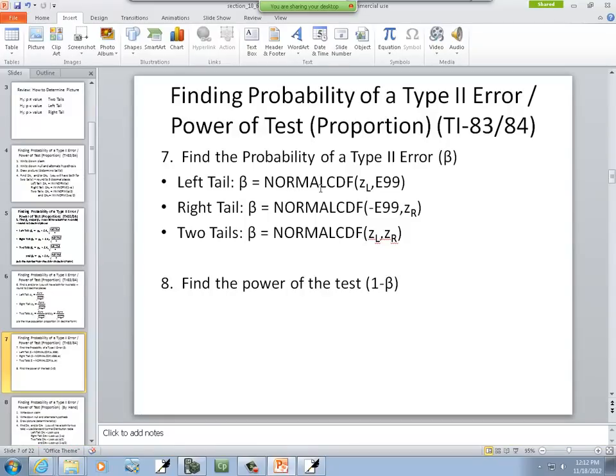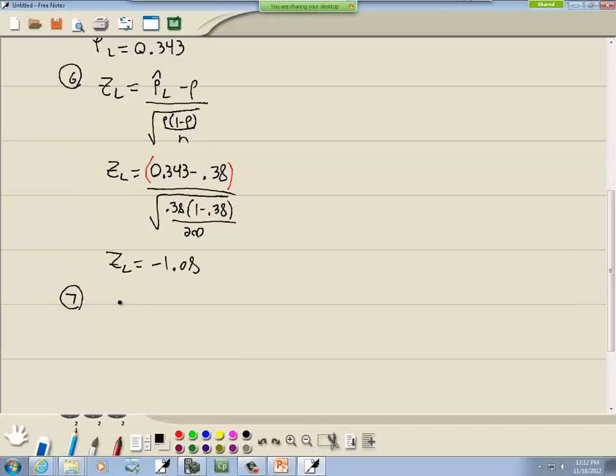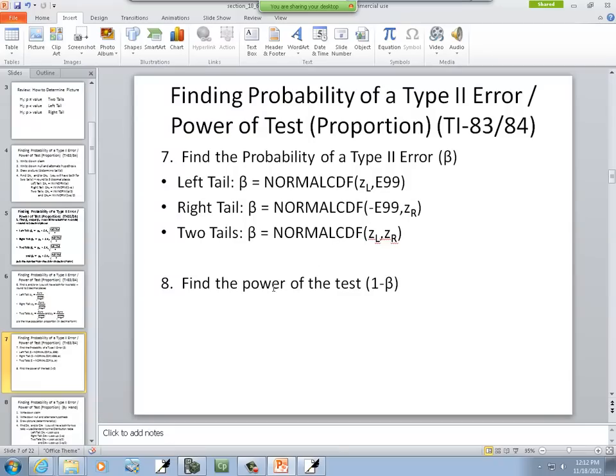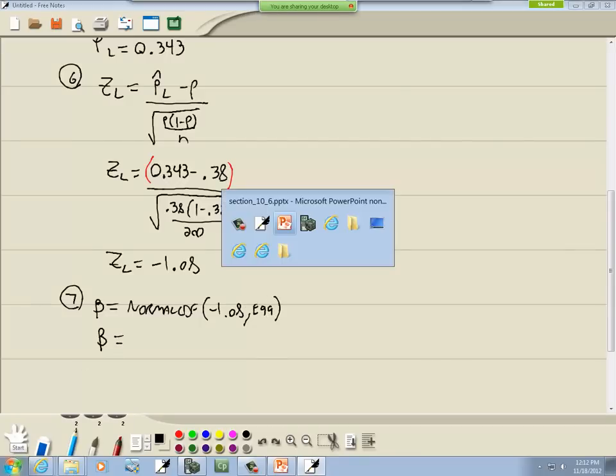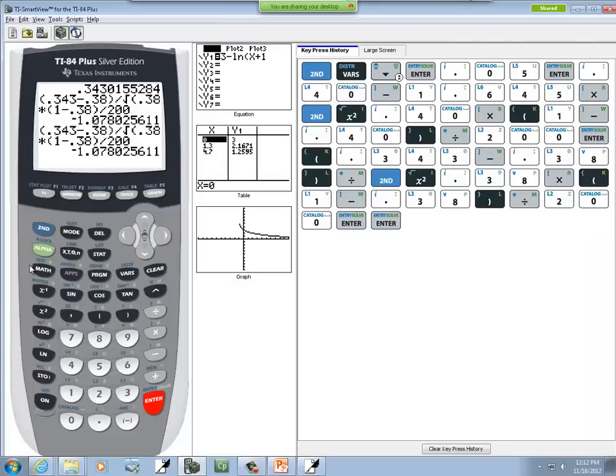Okay, for the left tail, it says we're going to do normal CDF. This gives us beta, which is our probability of a type 2 error. We're going to do normal CDF, and Z sub L, which is negative 1.08, comma, E99. So our probability of a type 2 error, let's see what that gives us.